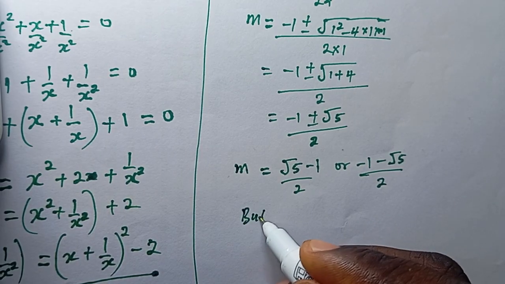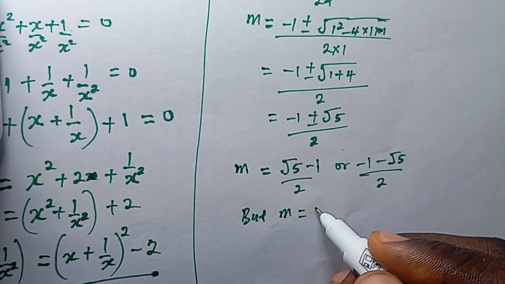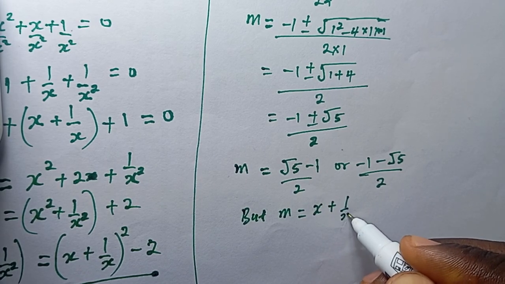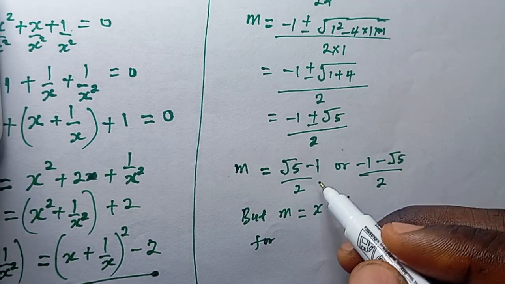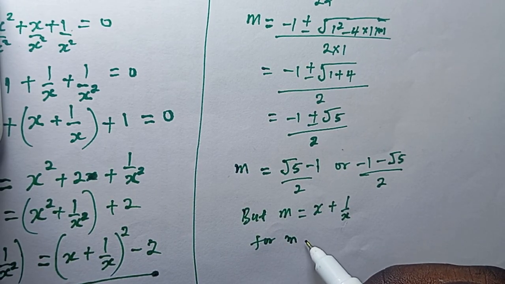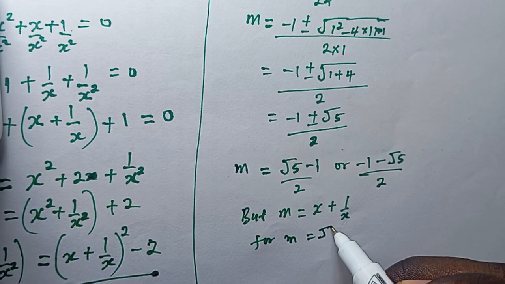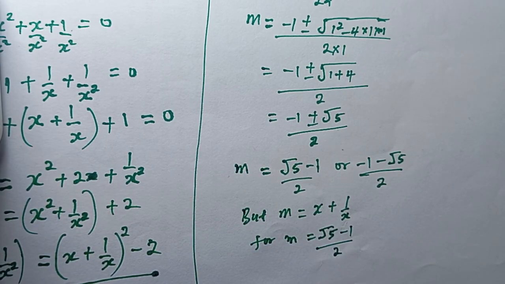But we actually set our m to be equal to x plus 1 over x. So we are now going to be taking this case for m, case 1, equal to root 5 minus 1 divided by 2.